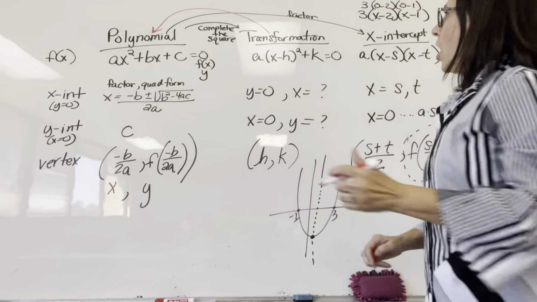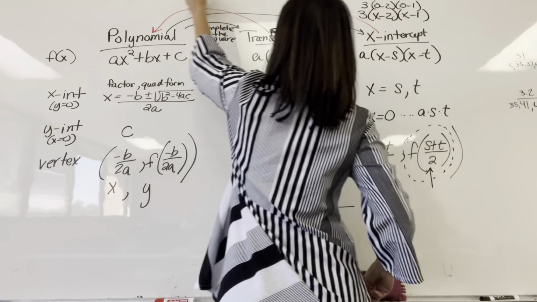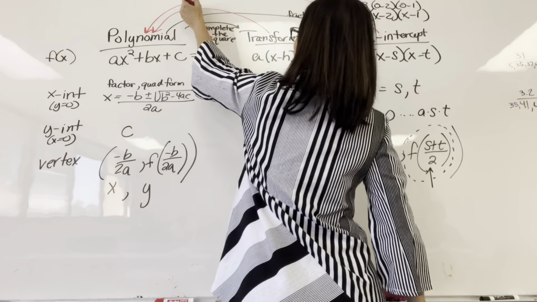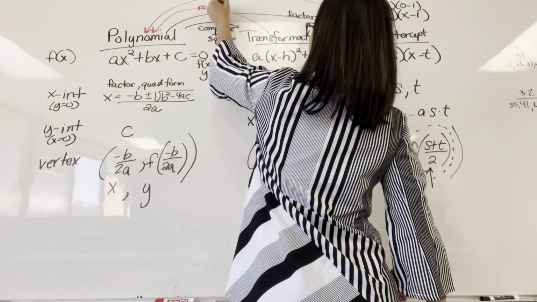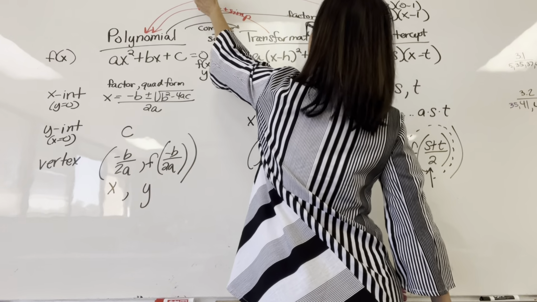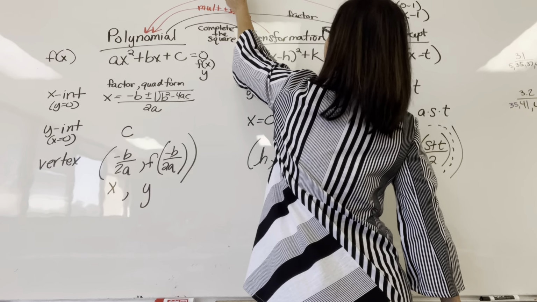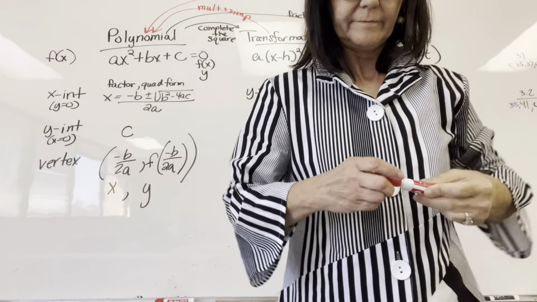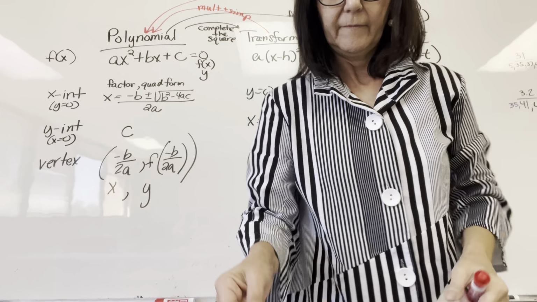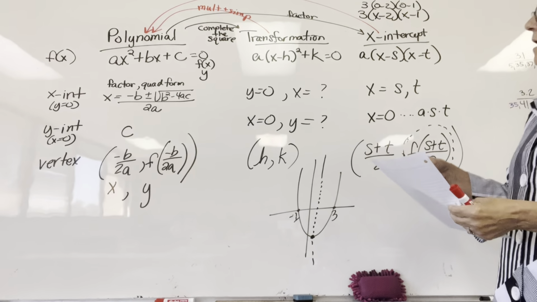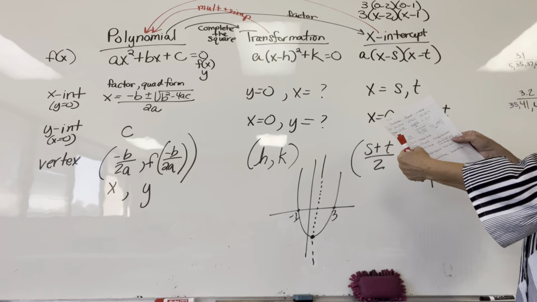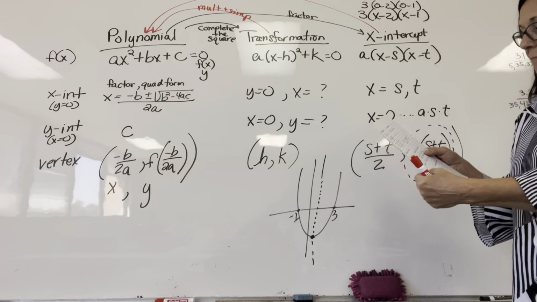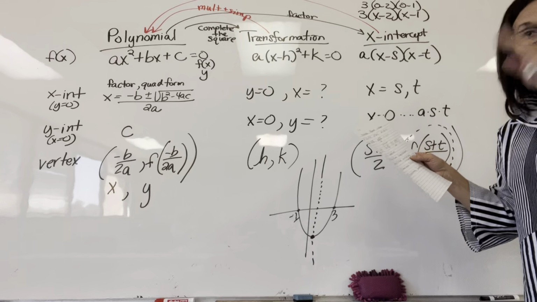Got it? Also here, I'm just multiplying and simplifying. Multiply and simplify. All right? So that's A, transformational to polynomial, and C. That's A and C. Multiplying and distributing, simplifying.